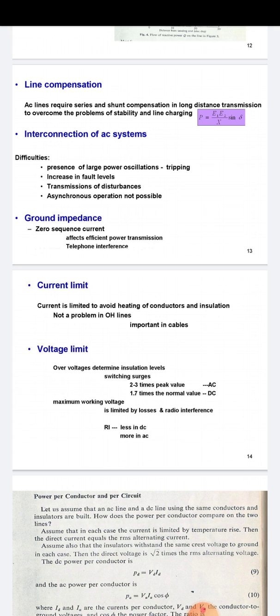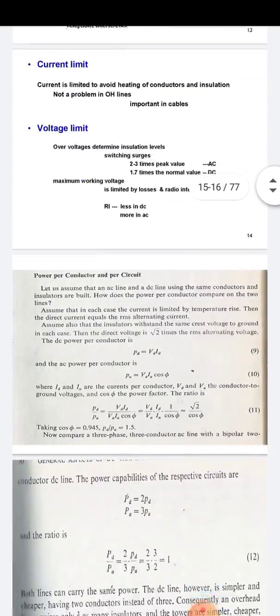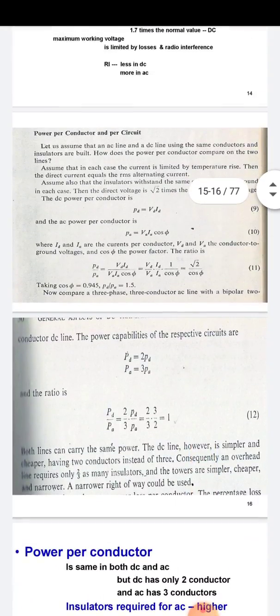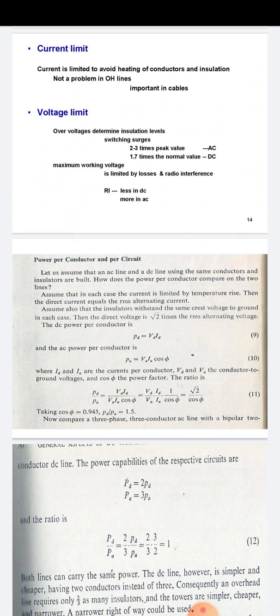Okay, then we have to clear reliability. Reliability is a must-known factor. The reliability of a DC transmission system is quite good and comparable to that of an AC system.